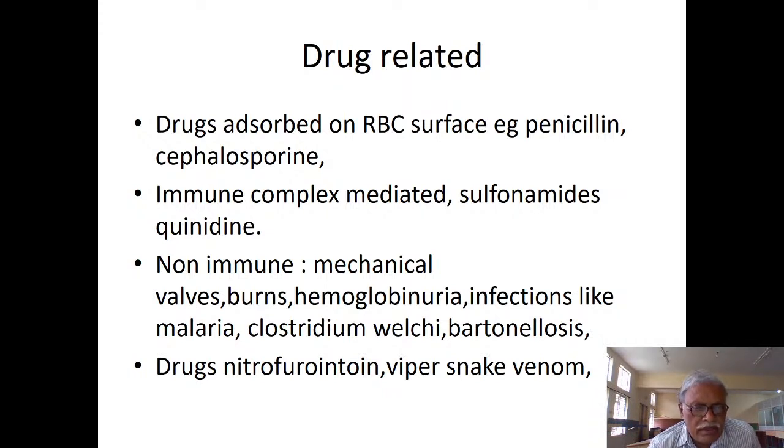Drugs like nitrofurantoin and viper snake venom can also produce non-immune mediated anemias.